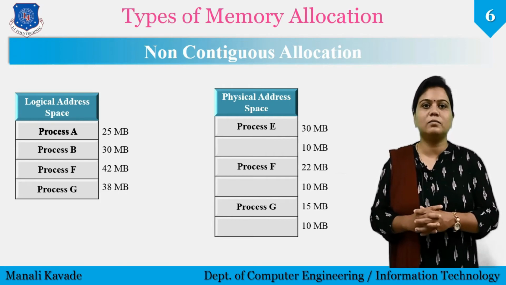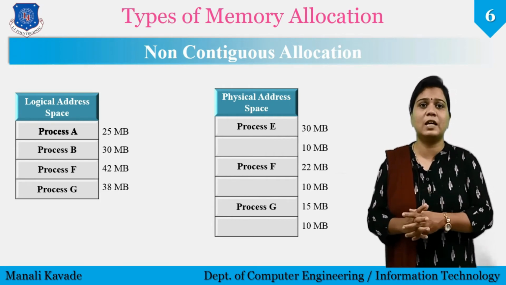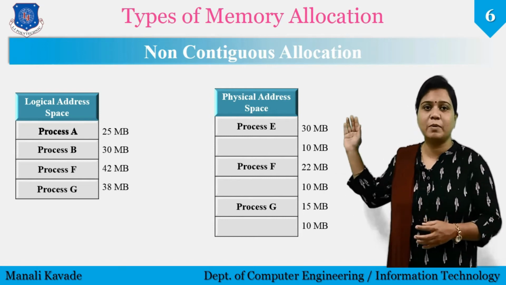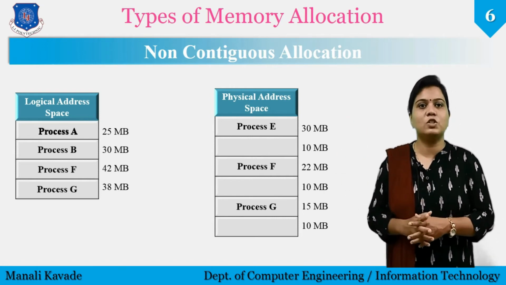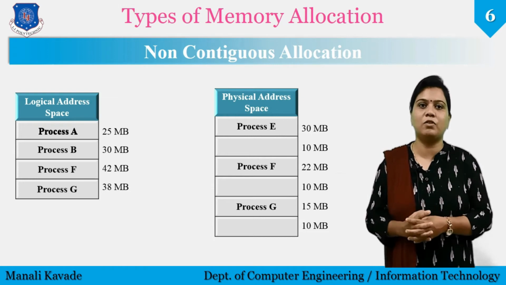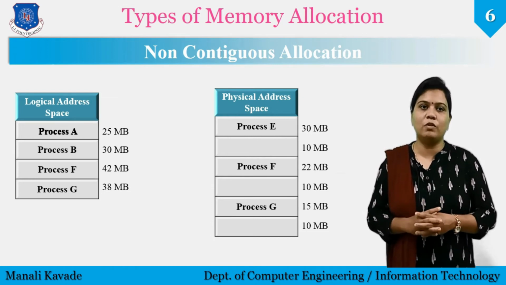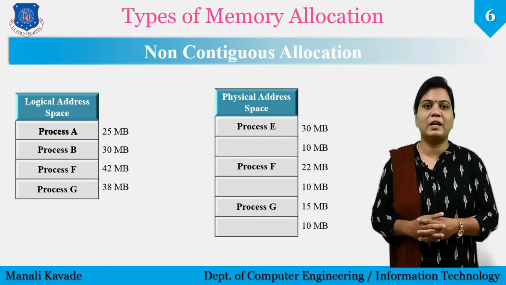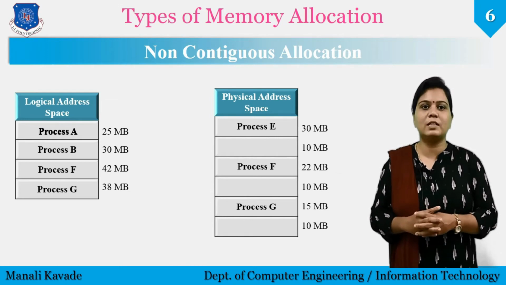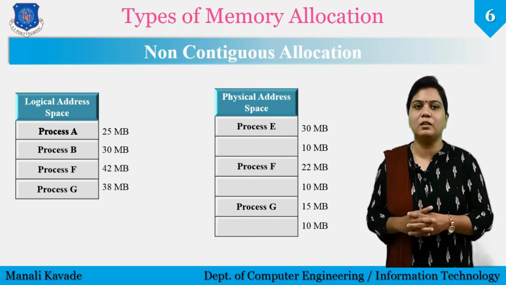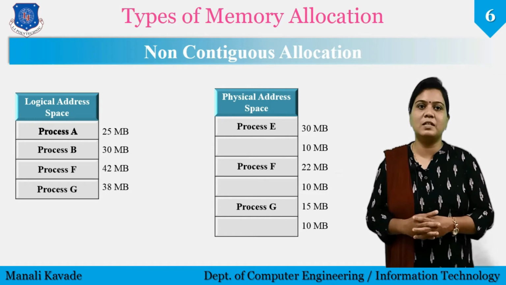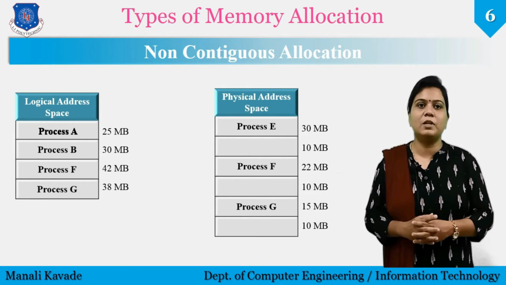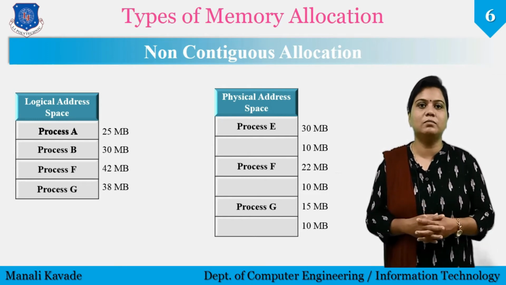But physical address space has been divided into 6 partitions, out of which only 3 partitions are free, as you can see over here, and all the 3 partitions are of fixed size, that is 10 MB, which means in total 30 MB of space is available.